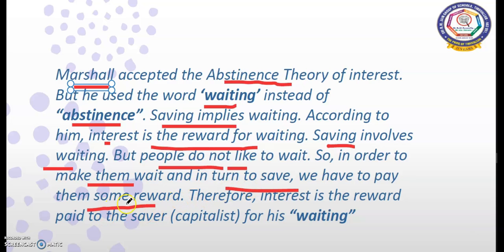Therefore, interest is the reward paid to the saver for his waiting. This is the theory given by Marshall, and he used the word waiting instead of sacrifice. There for sacrificing, here for waiting.